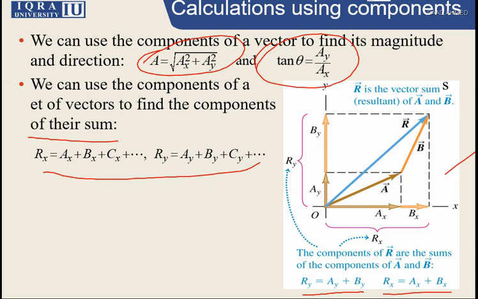If you look at the diagram, you can clearly observe that Ax plus Bx is this point, and Ay plus By is this point, and if you extend it, you get the same result you get by the simple addition method. So the components of R are the sum of the components of A and B.